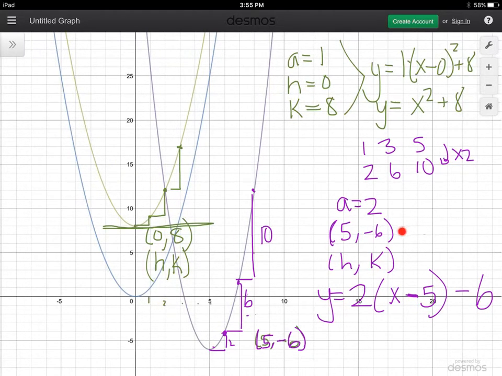So again, our coordinates said that it was 5, negative 6. So when we write it in our equation, we write it the opposite way. It's going back into the brackets, so negative 5. So the equation of the purple one, oh, and we forgot the squared, is y equals 2 bracket x minus 5 all squared, subtract 6.